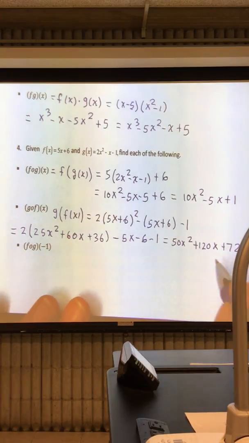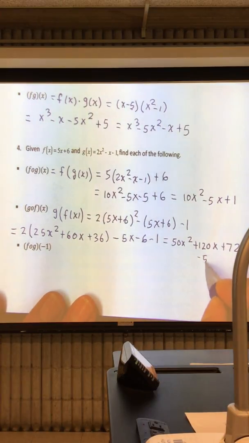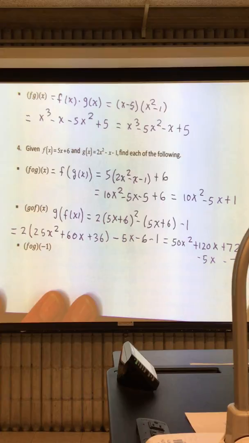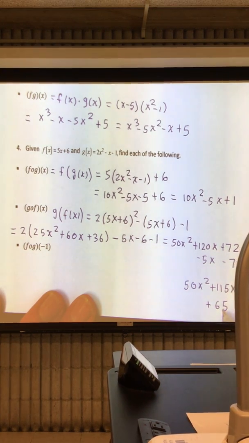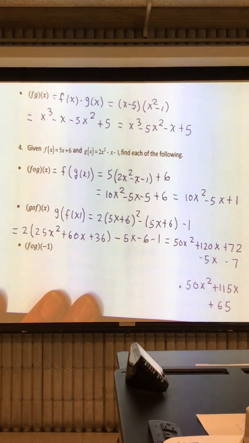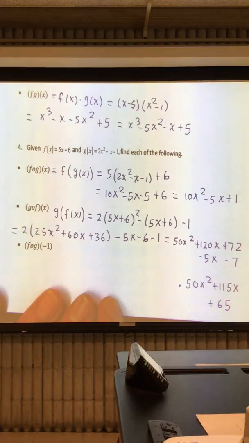And then we still have minus 5x, and minus 6 and minus 1 is minus 7. And adding all the like terms together will give us the final result of 50x squared plus 115x plus 65. And that will be our final result for g of f of x.